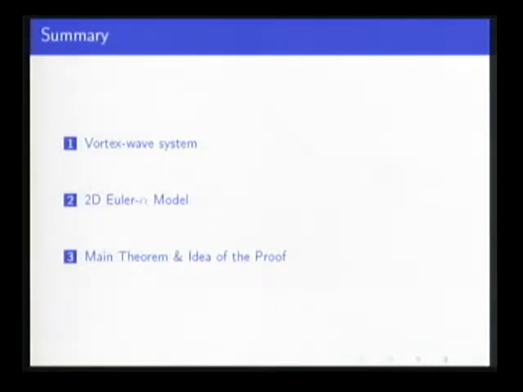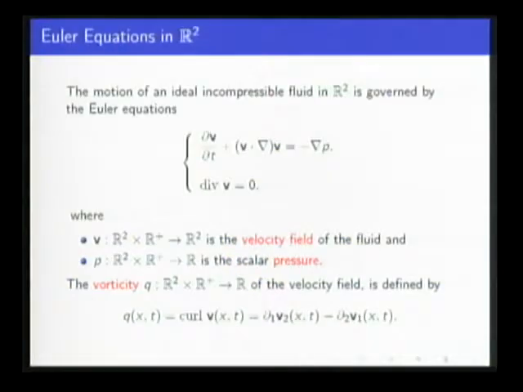In this talk, we'll be considering solutions of the 2D Euler-alpha model when the initial vorticity is the superposition of a finite number of point vortices and unbounded vorticity. And we are going to show that as alpha tends to 0, these solutions tend to a solution of the vortex-wave system.